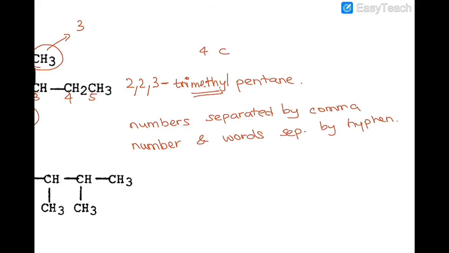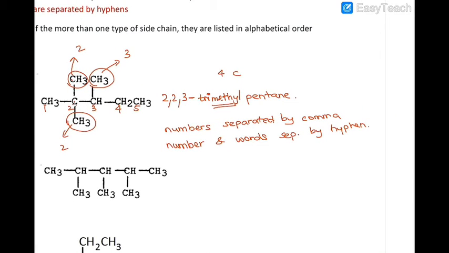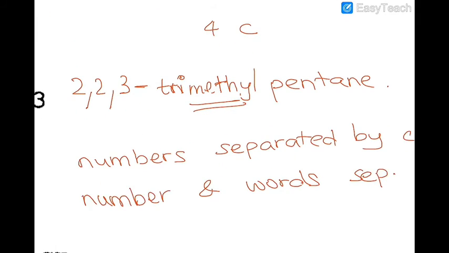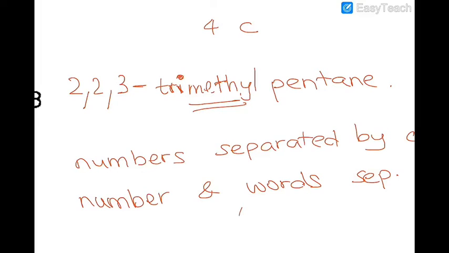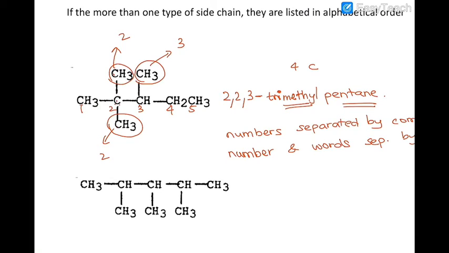So 2,2,3-trimethylpentane. When you look at the name, you can easily see that there are 3 methyl groups on a pentane chain, and the first methyl is on the second carbon, the second methyl is on the second carbon, and the third methyl is on the third carbon. So 2,2,3-trimethylpentane.